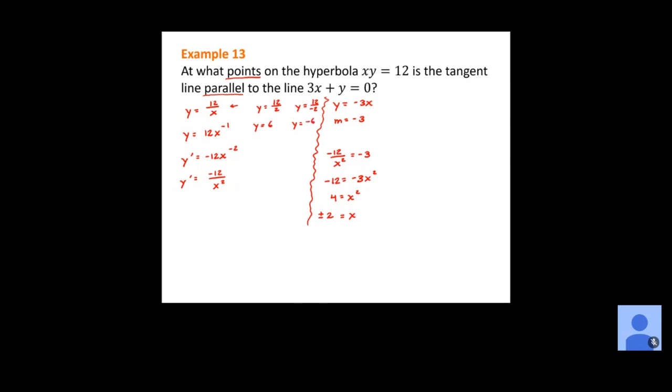And so what are the 2 points that we actually end up getting here? Good. Positive 2 goes with positive 6. And the other point is going to be negative 2, negative 6. So those are the 2 points on that hyperbola where our tangent line would be parallel to the line 3x plus y equals 0.